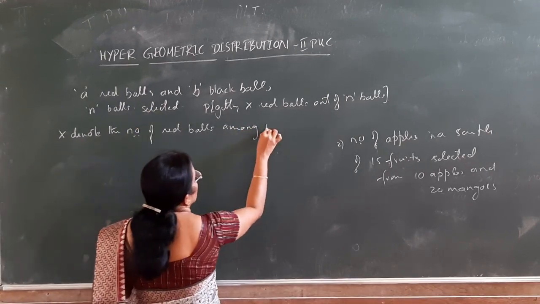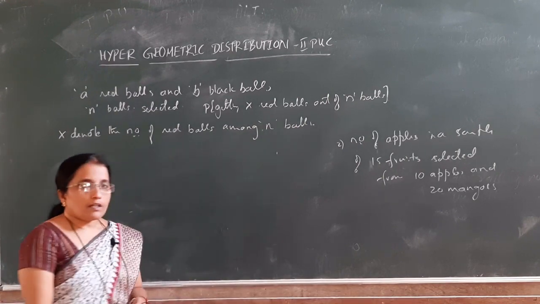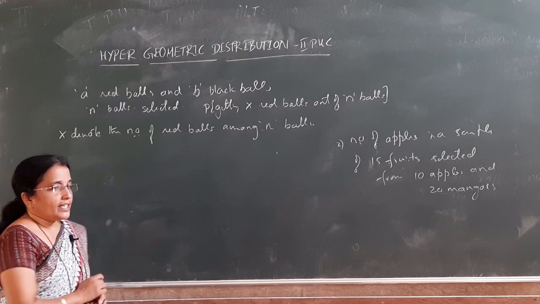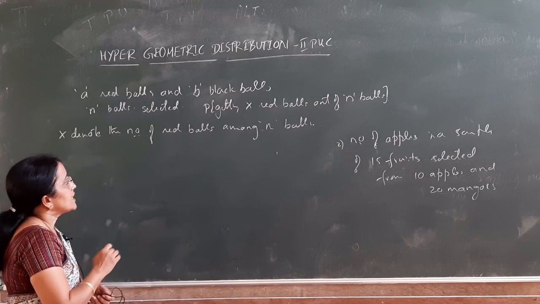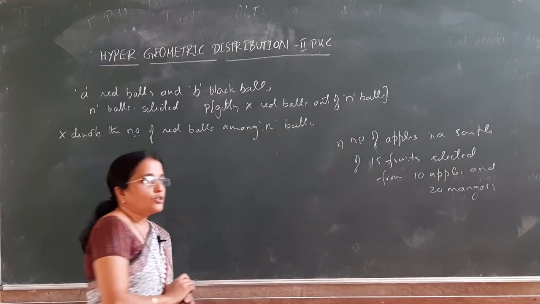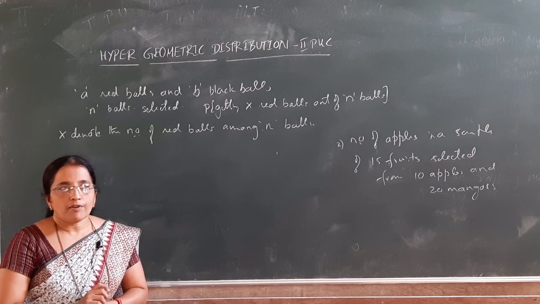This is defining the random variable. Next, the event is getting x red balls out of n balls. To this event, how to find the number of favorable outcomes and the total number of outcomes?